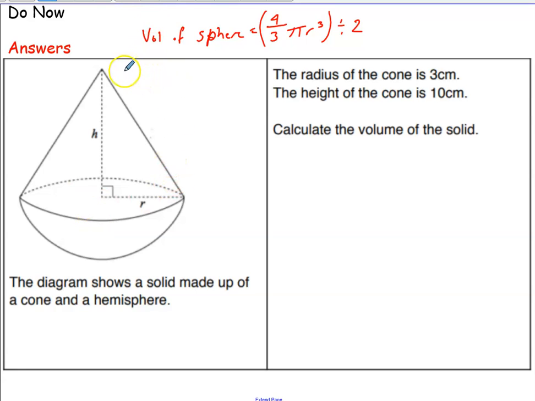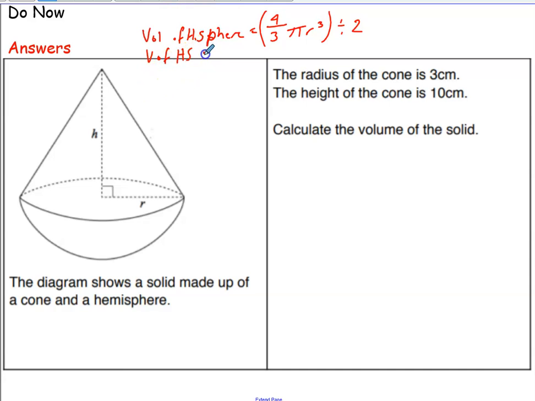So the volume of the sphere, hemisphere, you know what I mean. Let's write that. It makes more sense. So volume of the hemisphere, so vol of HS.